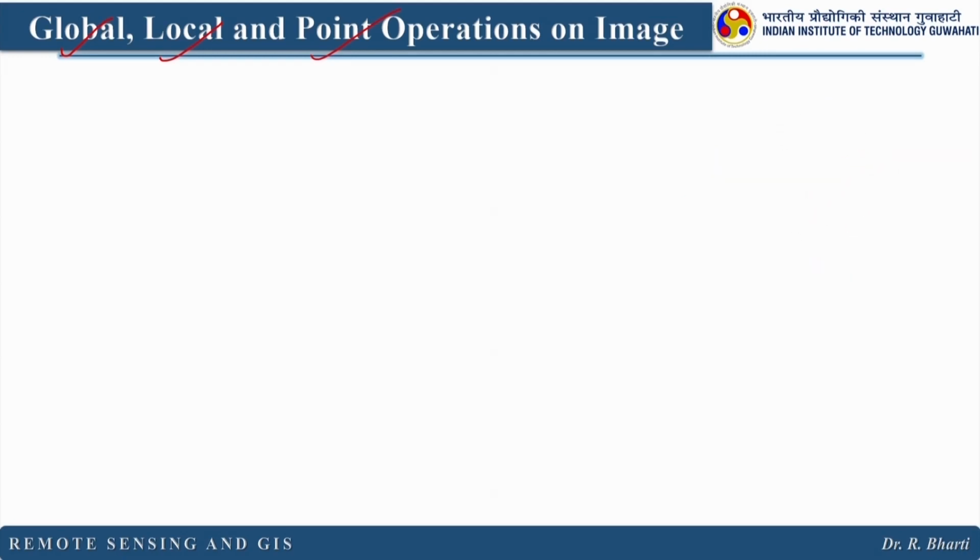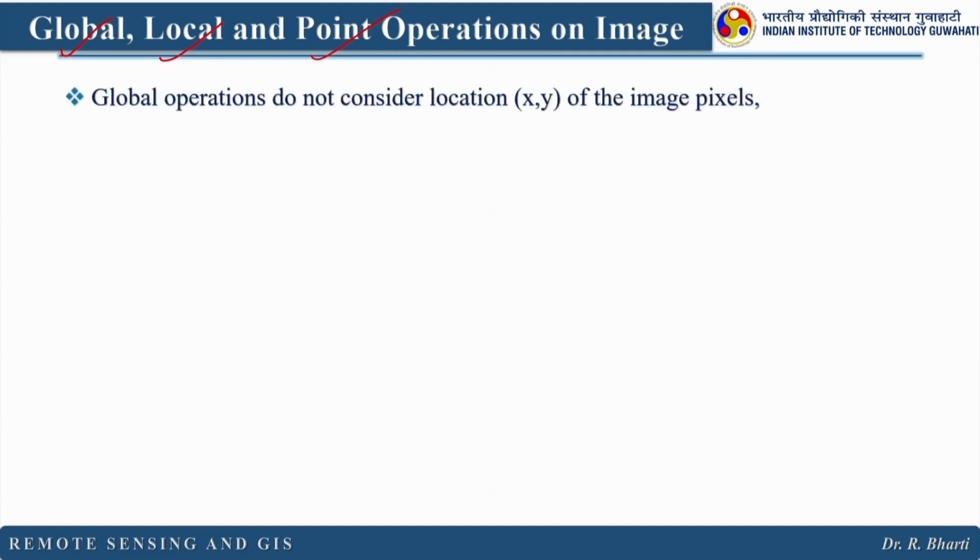And here you have freedom to apply different logics. In global operation, we do not consider the location of the image pixel. Location means you have an image, and the image is basically DN numbers, and basically this is a matrix. So how do we define the position of a matrix element? Using Cartesian coordinates.